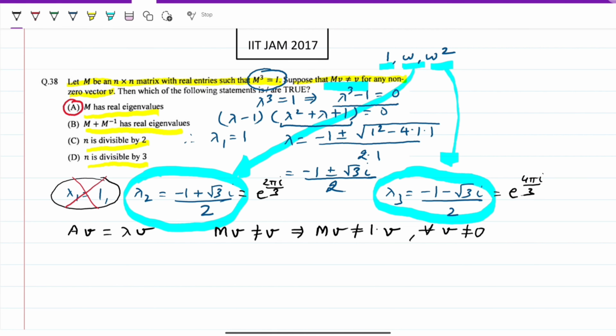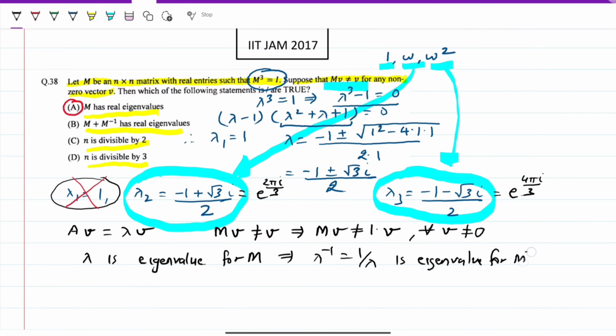Now we'll be starting again with the basic part. If lambda is the eigenvalue for M, this will imply that lambda inverse, which is equal to 1 over lambda, is an eigenvalue for M inverse.